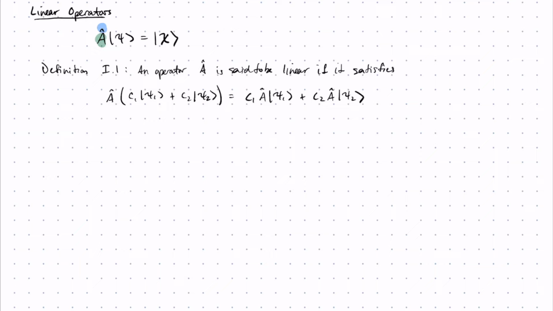And it's really important that this has to be true for absolutely any scalar and absolutely any vectors, right? So this is a property of the operator itself. It's not a property of which kets or which coefficients you're using this with.